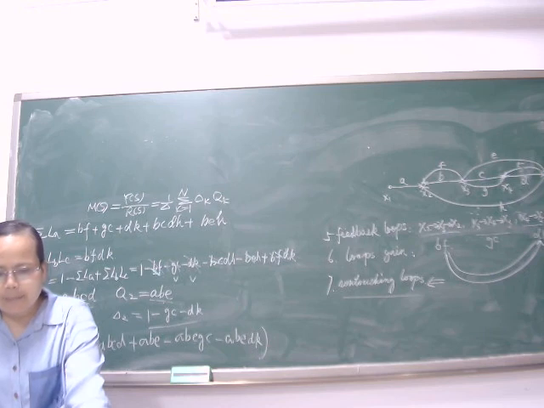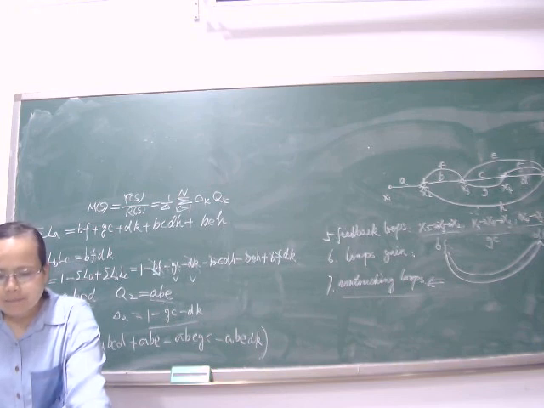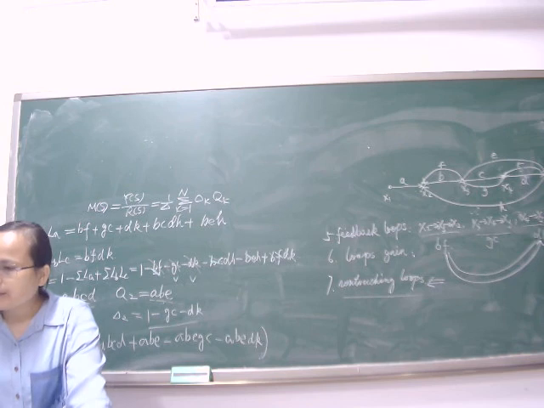For the exponential, the input is e to the power minus a t, and R is 1 by S plus a. For the sinusoid input, this is sin omega t, and R is equal to omega by S squared plus omega squared. We can get these by the Laplace transform.